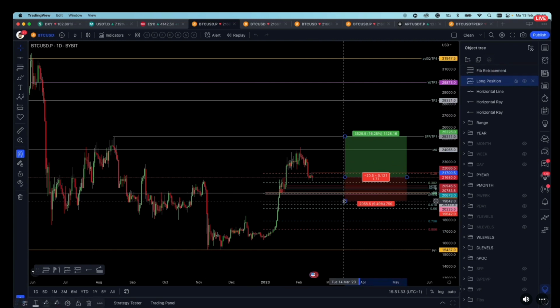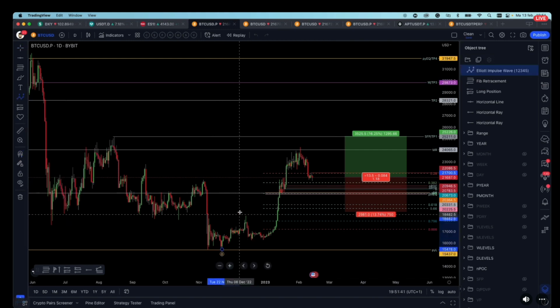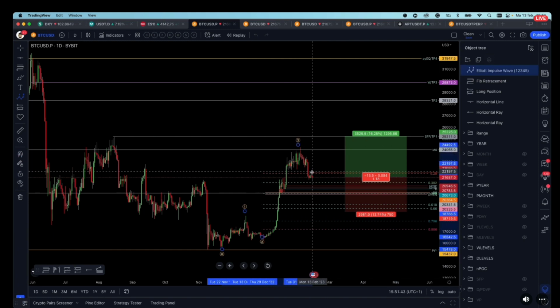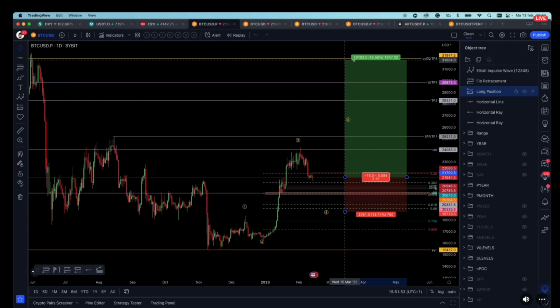Normally, theory-wise, it cannot go below the 0.618. So for this to be 1, 2, 3, 4, 5, for this to be 4, it cannot go below the golden pocket. So that would basically be the trade.